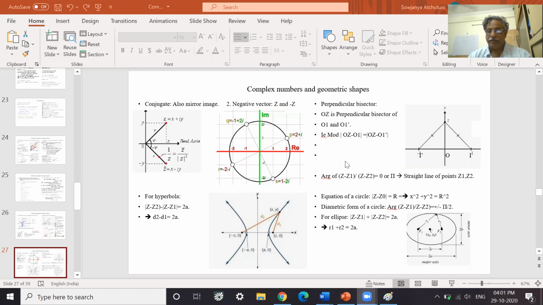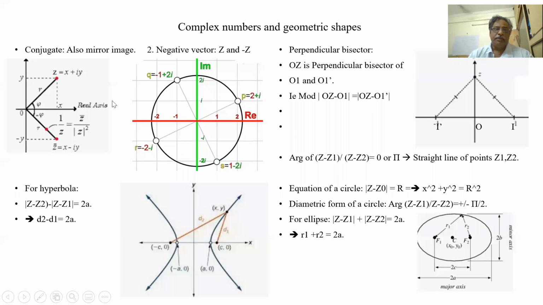This is Z and minus Z. If 2 plus i is Z, minus 2 minus i is minus Z. Similarly, 1 minus 2i is Z, minus 1 plus 2i is minus Z. So this is the complex number for minus Z. Of course, we have already seen the conjugate, the mirror image: x plus iy, x minus iy, where the y component is minus.